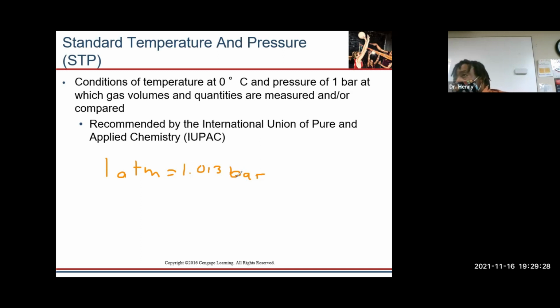So 1 ATM is bigger than a bar. Yeah, that's right. Okay, just slightly bigger than a bar.